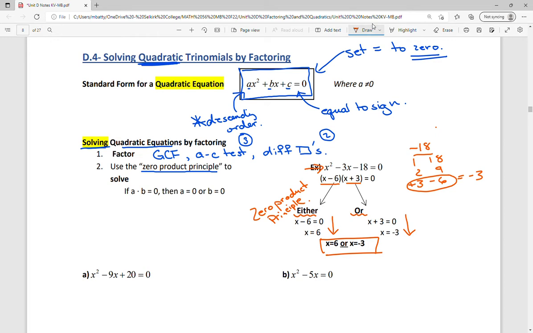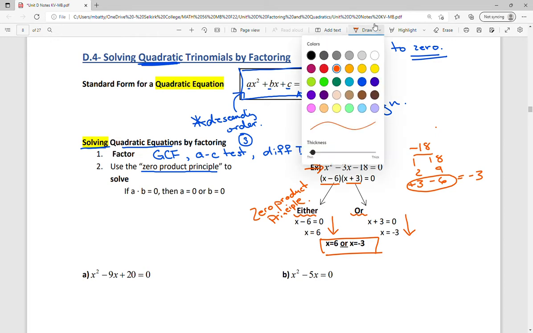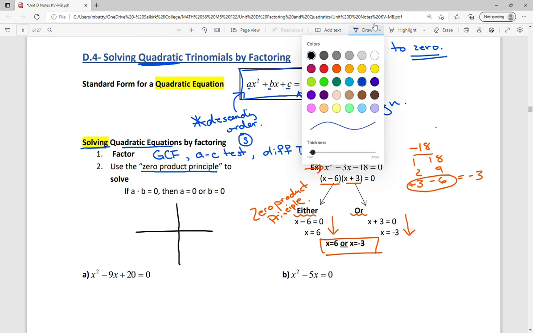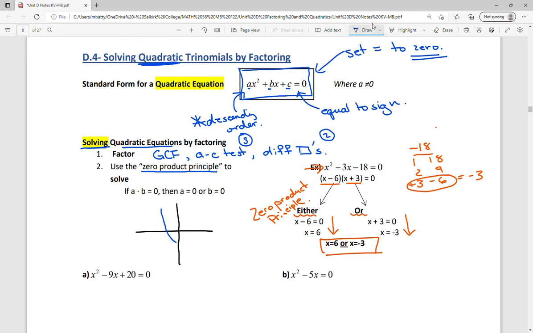And this is totally getting ahead of myself here. The reason that we have 2 options, I scribbled this in an earlier bit of the work, is that these graphed are going to make shapes like that. So these 2 points here are actually where the parabola is going to touch that x axis on my coordinate plane.